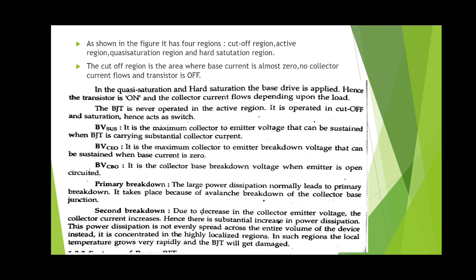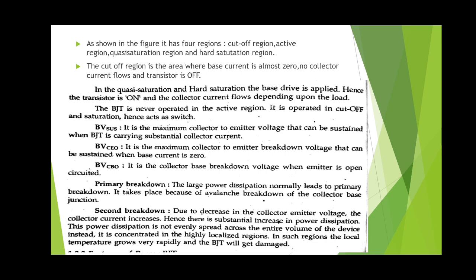Then the next breakdown is the second breakdown. From the figure it is clear that at large collector currents, the collector emitter voltage drops. When current is more, the voltage becomes less.